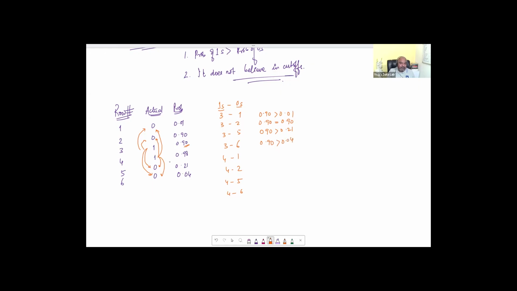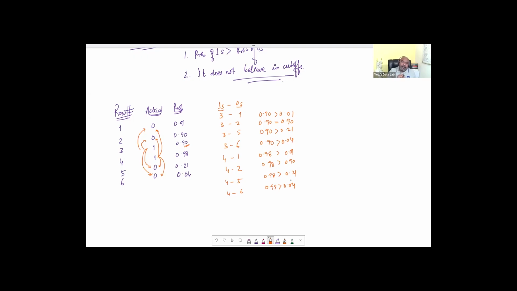Then I have 0.98. 0.98 is greater than 0.01, 0.98 is greater than 0.90, 0.98 is greater than 0.21, and 0.98 is greater than 0.04.